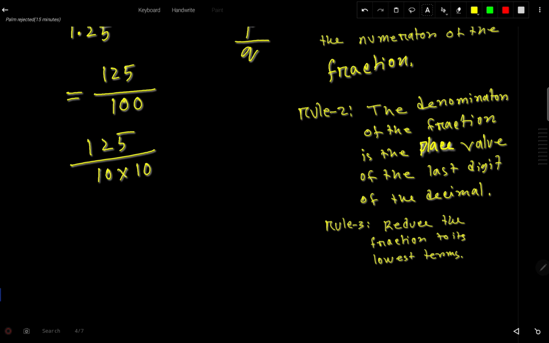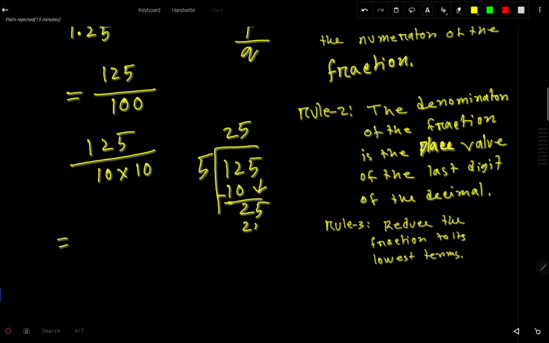Now we have to reduce this fraction. Look, 125 is divisible by 5 because unit place number is 5. 5 goes into 12 2 times. 2 times 5, 10. Now subtract, you will get 2. Bring down this 5. 5 goes into 25 5 times. And if I split this 10, we are getting 5 times 2 times 10.